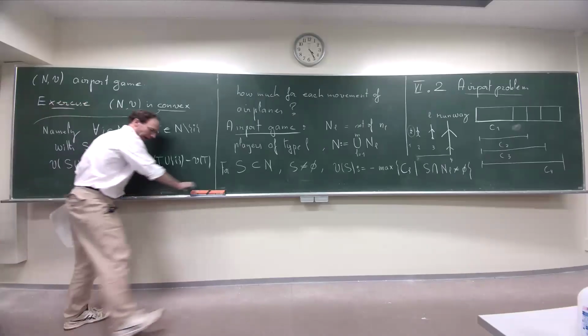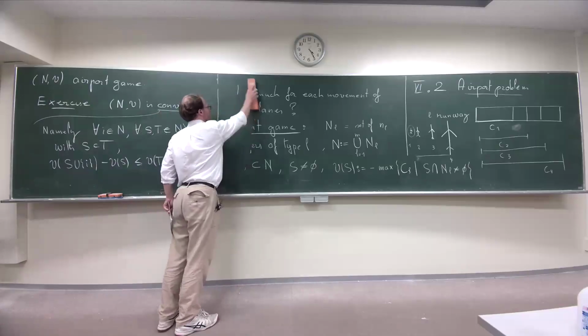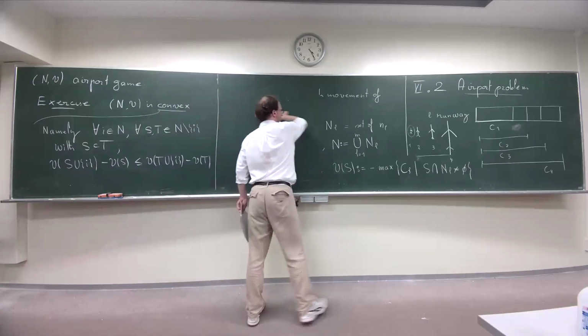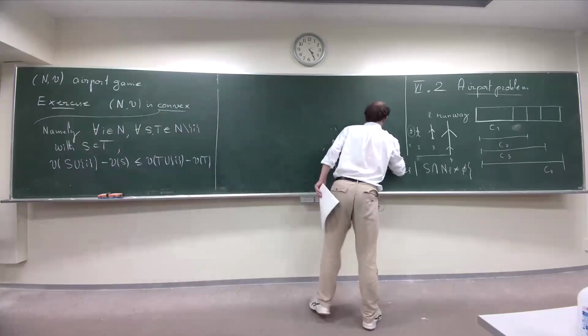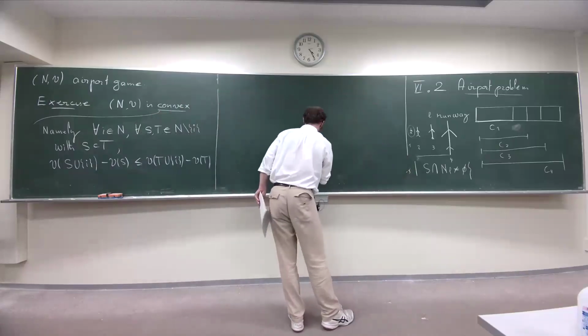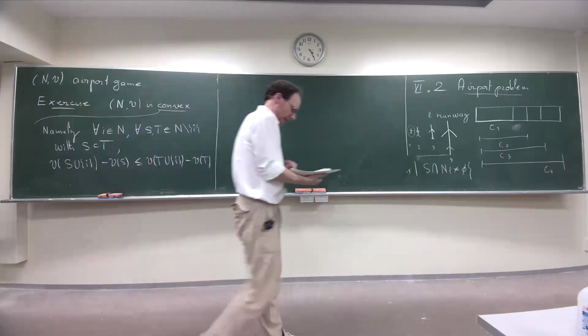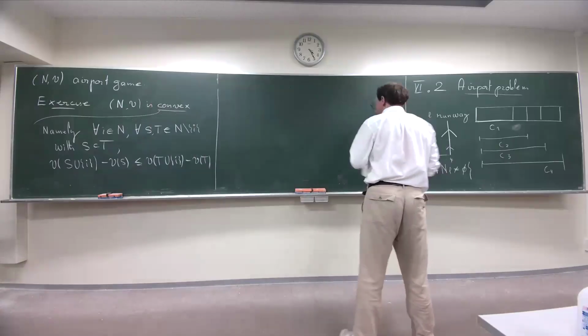And I did not introduce it before. I could have done it, but I didn't. But convex games have a good property. So let me just state this good property, because as I said, it's an exercise to show that this one is convex.